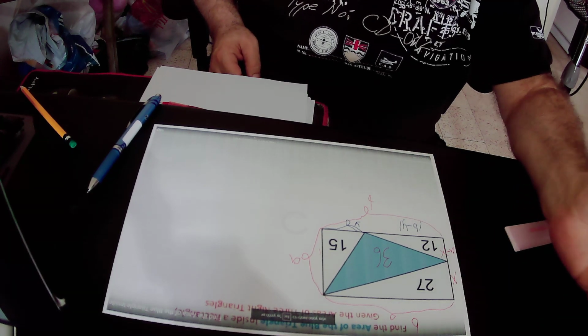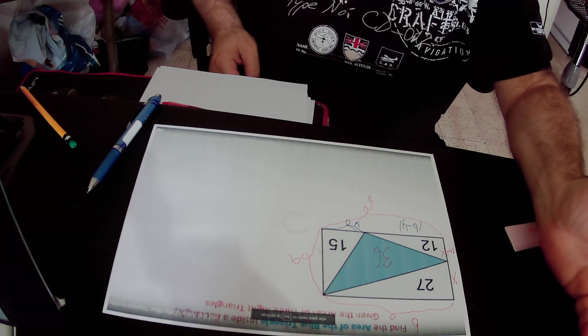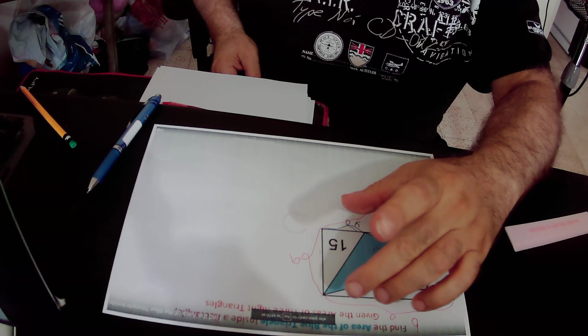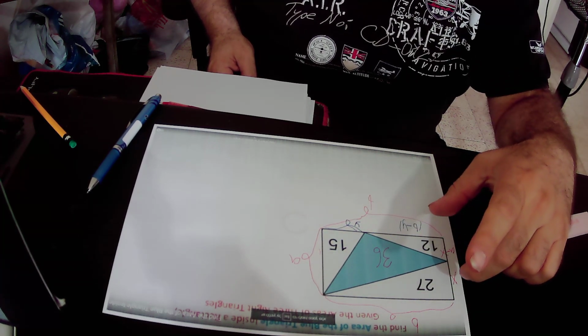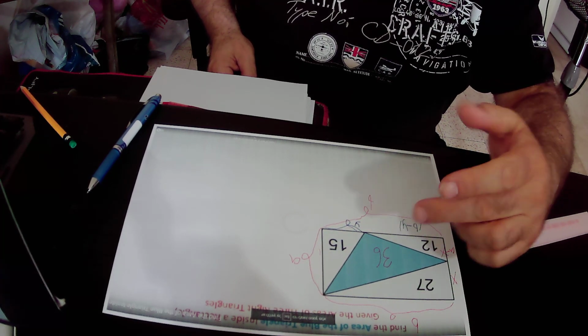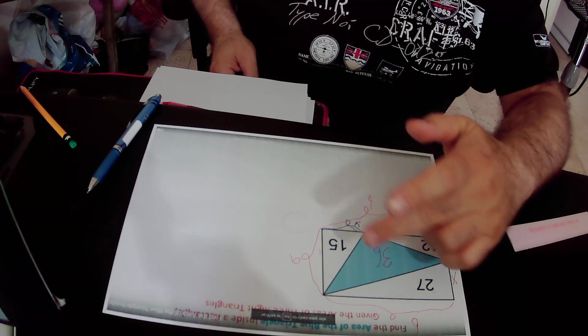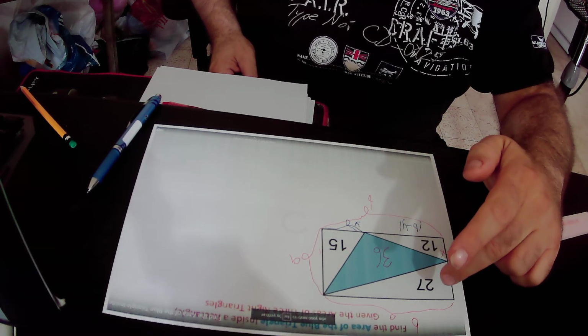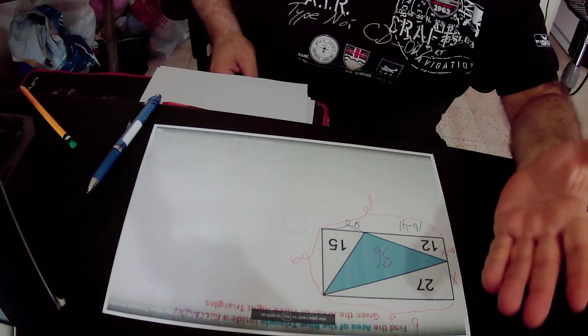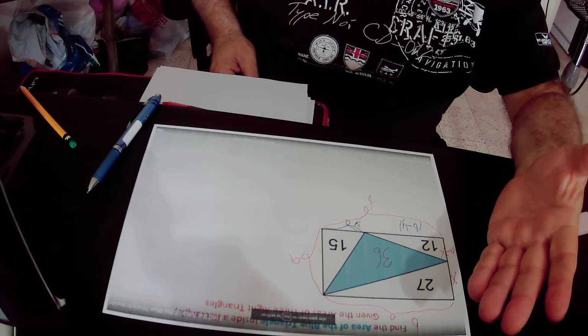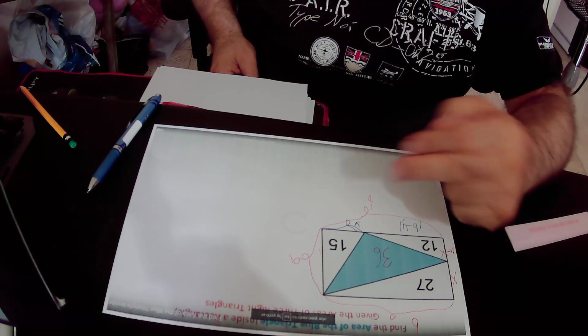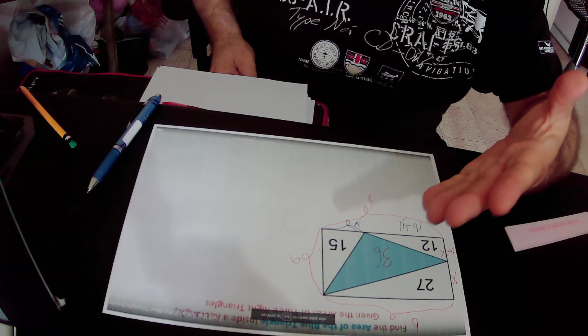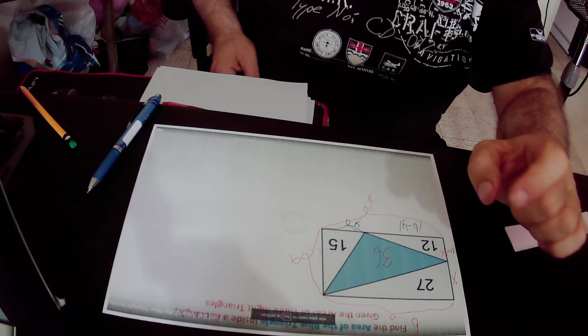So the only thing that we have to find is the area of this rectangle. And the area of a rectangle is its width times its length, or A times B. So the only thing that we have to find is the value of A times B, that is the area of the rectangle.